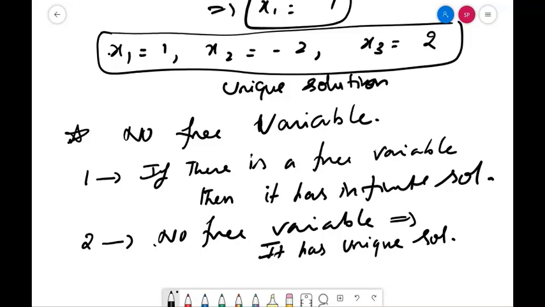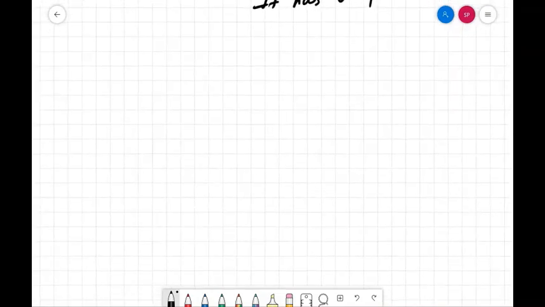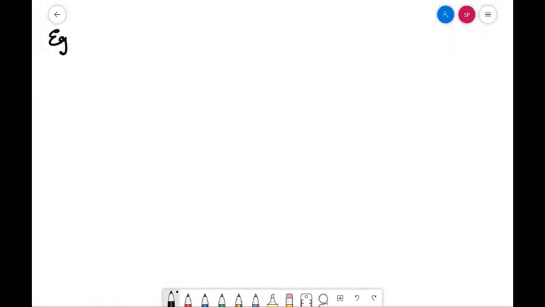Now what about no solution, that is, an inconsistent system? How do you identify it? I'll give you directly one example where I have an echelon form.